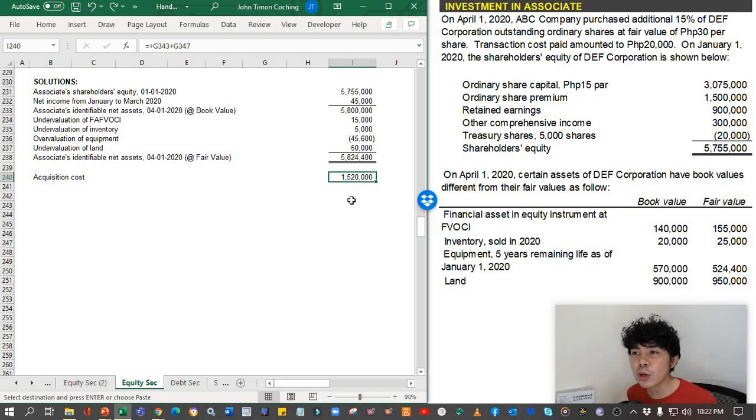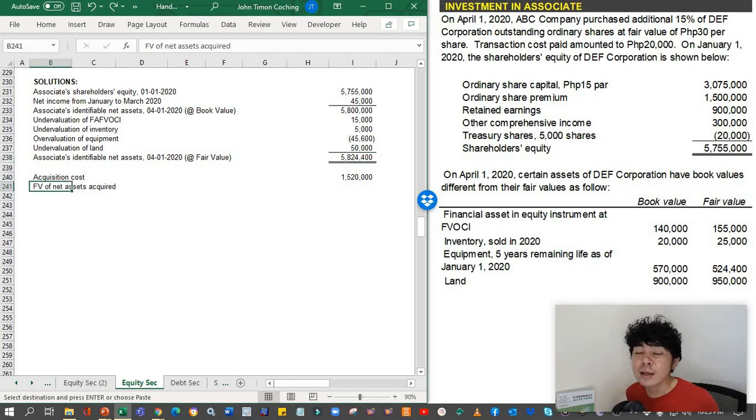So, i-compare natin ito ngayon sa ating binili. Ang binili natin is ito, yung identifiable net assets ni associate that should be measured at fair value. Yun nga lang, syempre, ang ownership natin is only 25%. At etong na-compute natin na net assets na 5,824,400 is hindi yan 25%. Yan yung 100%. So, ang kailangan lang natin is yung 25%.